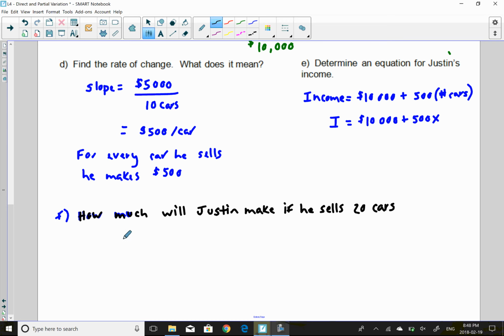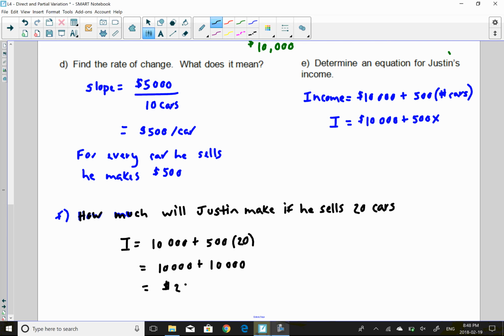So I equals 10,000 plus 500 times 20, which is 10,000 plus 10,000, which is equal to 20,000.